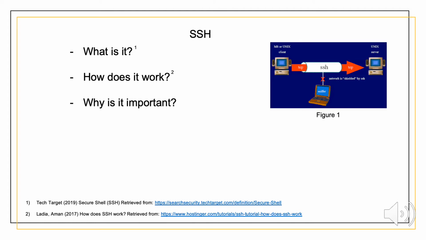SSH commonly authenticates both the client and the server with separate key pairs. In order to accomplish this, you will need to generate a unique public key pair for each host, one key pair for the authentication of the remote access, and another for the authentication of the local machine.